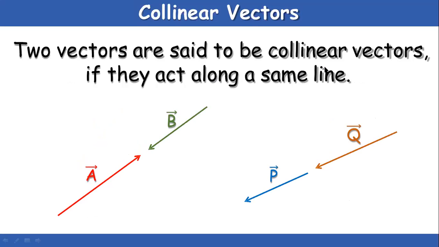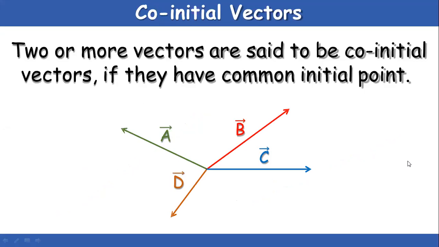Then these two vectors are called collinear vectors. A bar, B bar, P bar, Q bar, they are traveling along the same line. Some are in opposite direction, but they are traveling in the same line. P bar, Q bar, they are traveling in the same direction and along the same line. So these vectors are called collinear vectors.